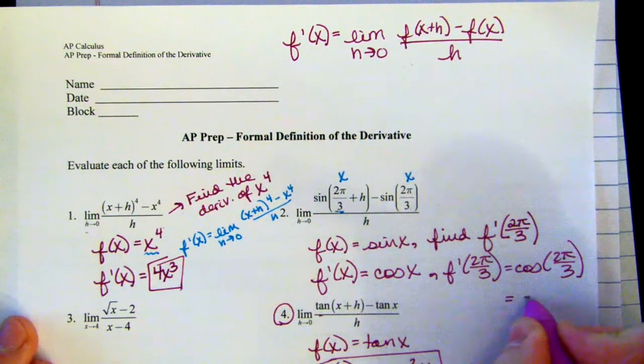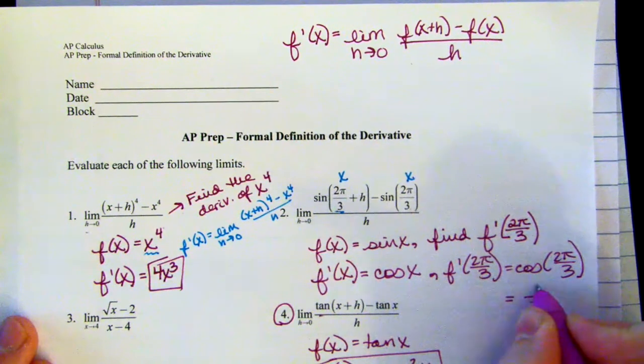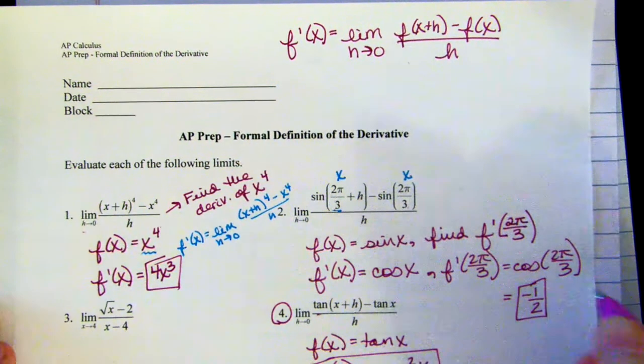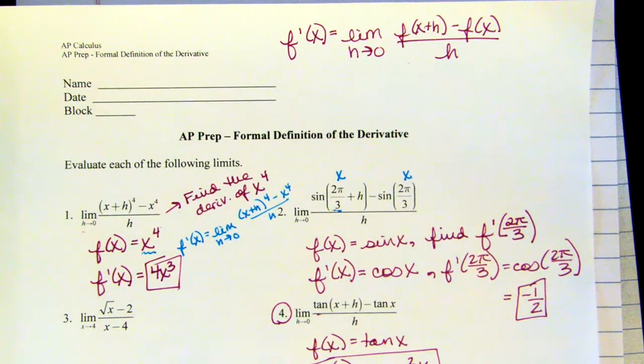Let's see, cosine of 2 pi over 3, that should be negative 1/2. If we have a formal definition of the derivative problem, but instead of an x, we have some number where the x normally would go, that problem is really just asking us to find the derivative at that specific x value that's in the place of x.